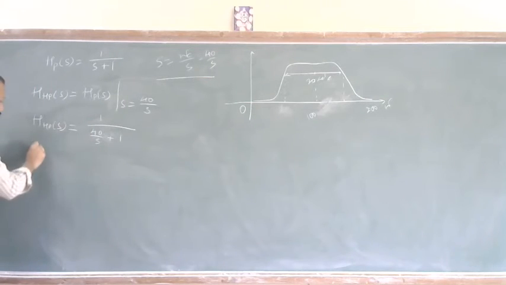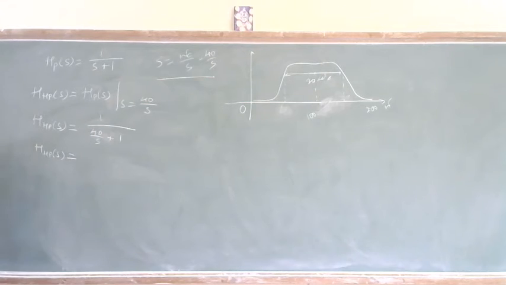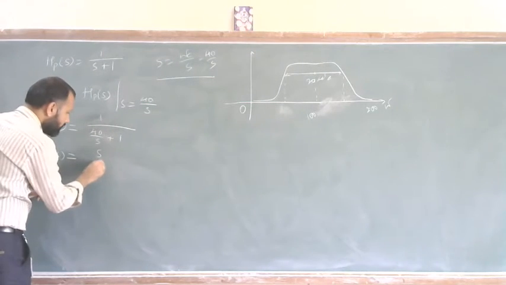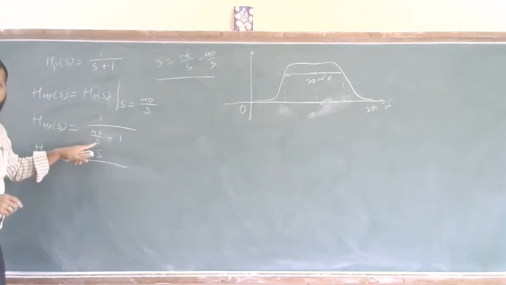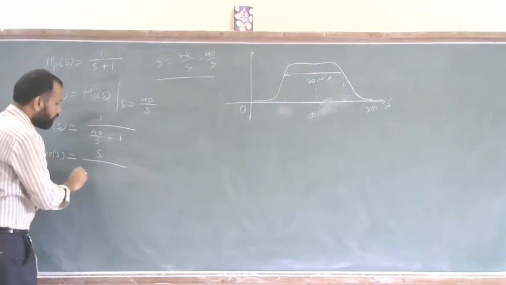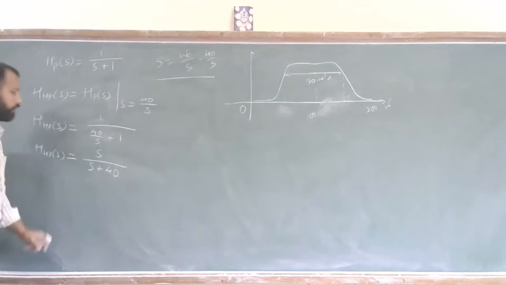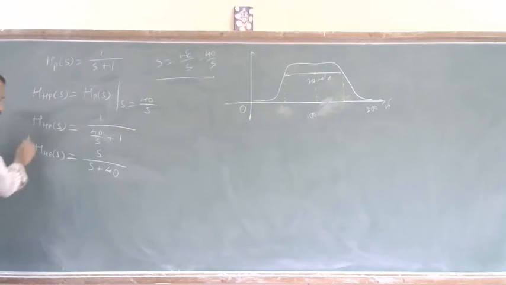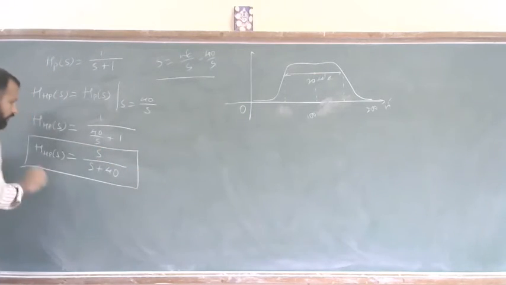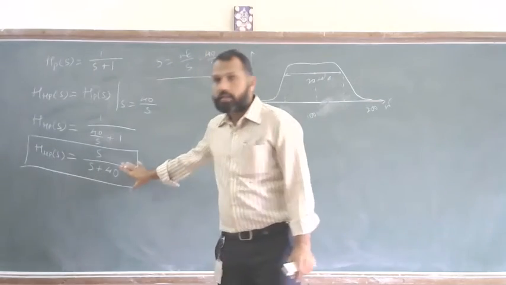Simplifying, taking the denominator term to the numerator, it will be S divided by S plus 40.